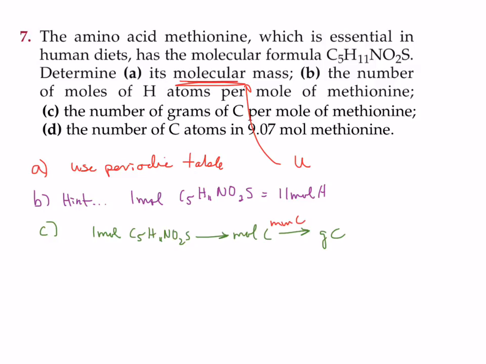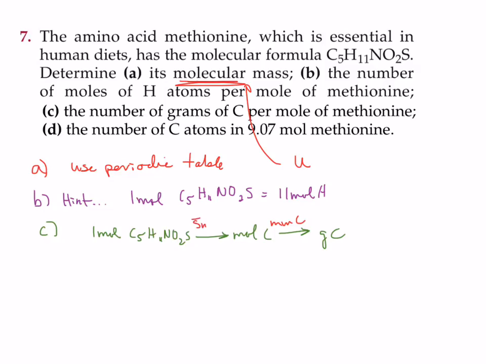My hint is different than this. I said start with 1 mole of the compound. You have 5 moles of carbon per 1 mole of the compound. That would give you 5 moles of carbon. And then I would simply use that 12.01, the decimal number for carbon, to knock out the mass of the carbon. That's even easier. Final answer.